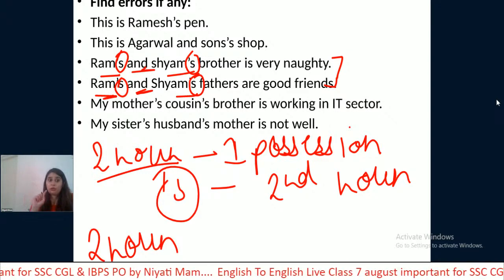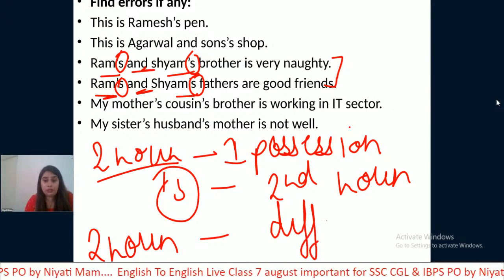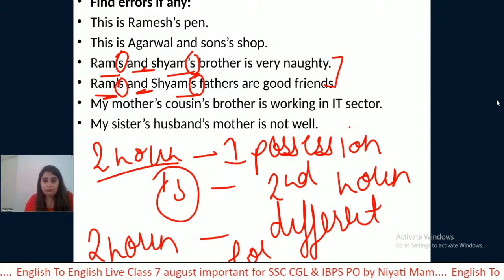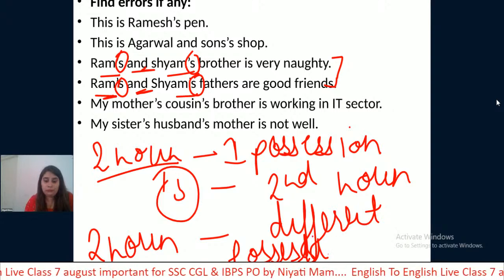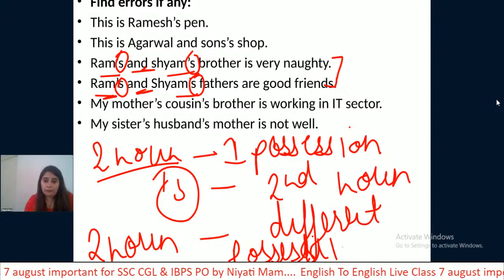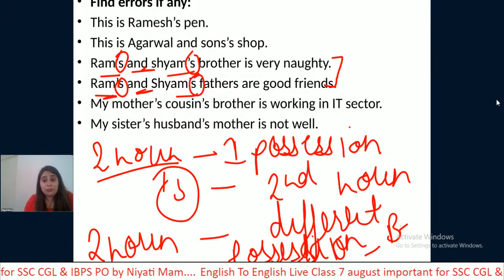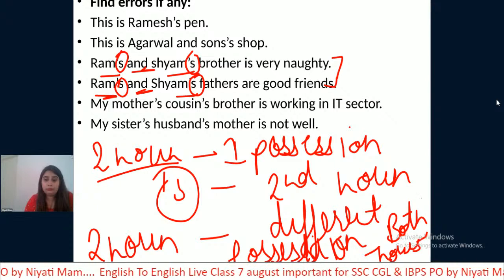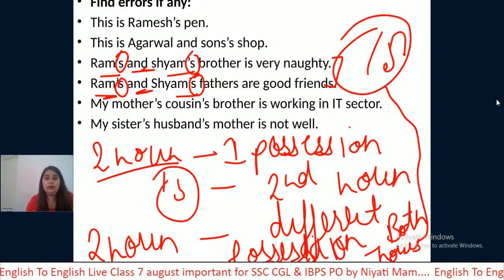If there are two nouns joined with "and" and they have different possessions, then in that case, both nouns have apostrophe s.